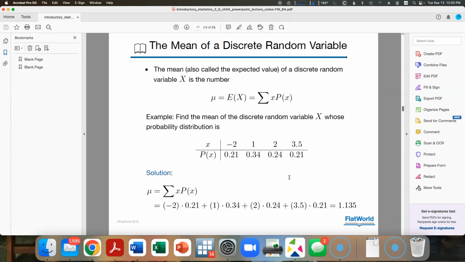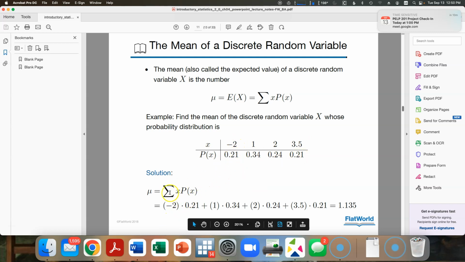So what that essentially means here is that if all of our possible outcomes are -2, 1, 2, and 3.5, and each of these 4 probabilities exist, then we essentially add up -2 times 0.21, plus the outcome of 1 times the 34% probability it has of happening, plus the outcome of 2 times its probability, plus the outcome of 3.5 times its probability.